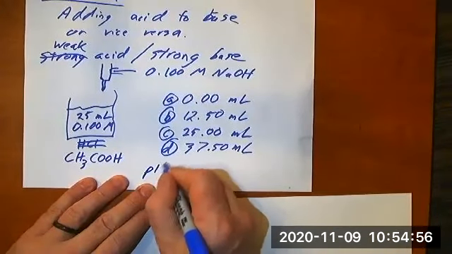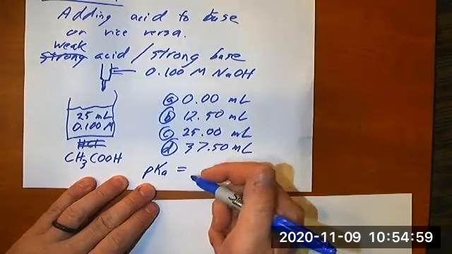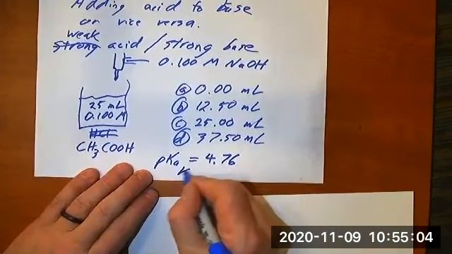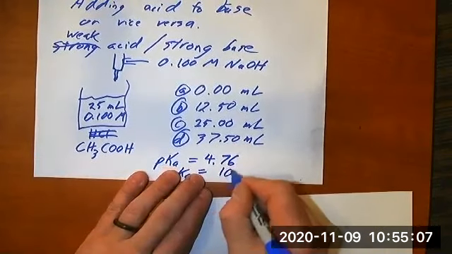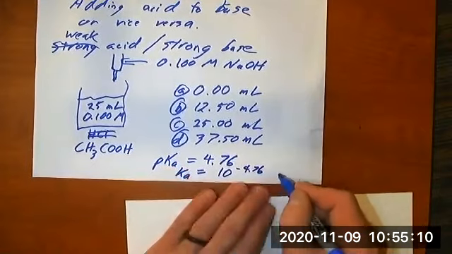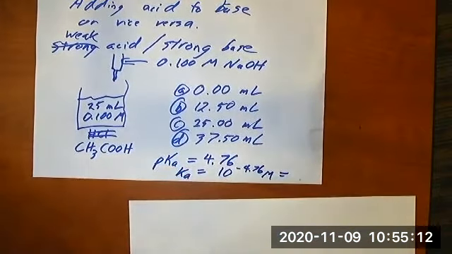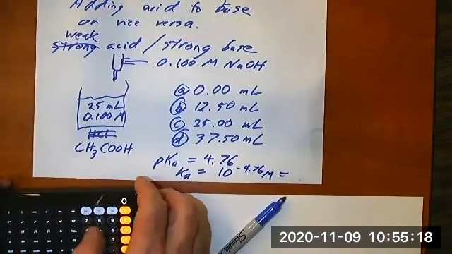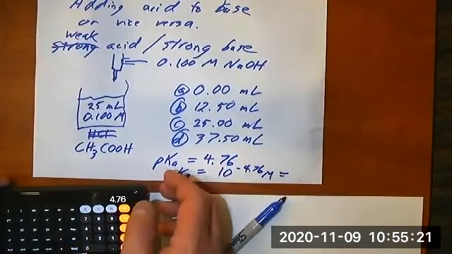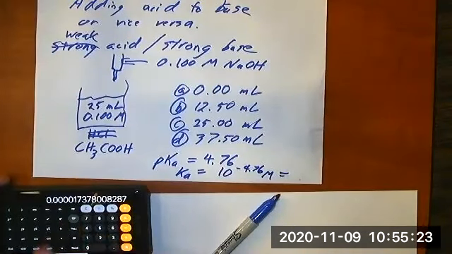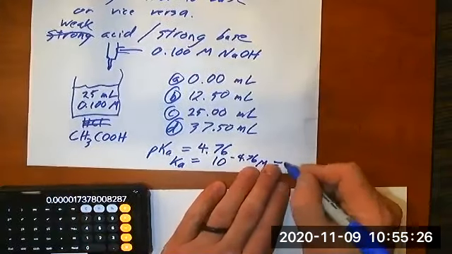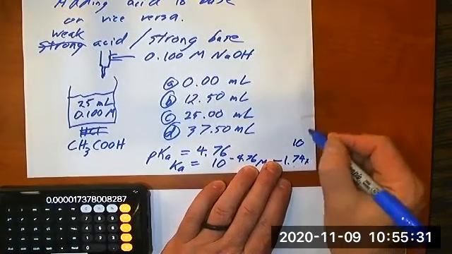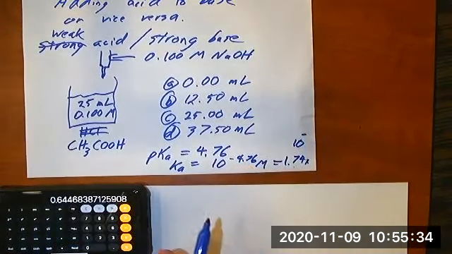So the pKa of acetic acid is 4.76, which means that our Ka is equal to 10 to the minus 4.76 molar, which equals 4.76, change sign, 10 to the x. It's going to be 1.74 times 10 to the negative, whoop, what did I just do?